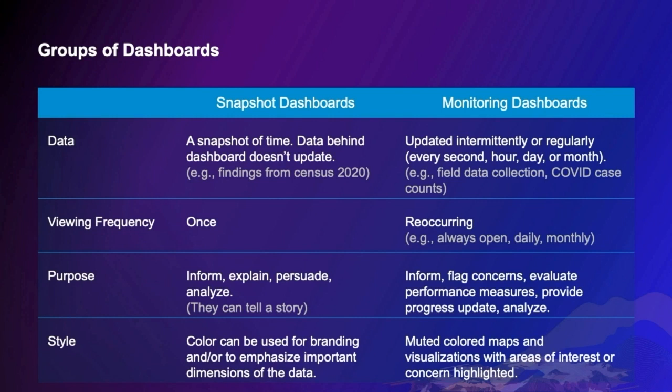They're often viewed once or maybe a few times. The purpose is to inform, explain, persuade, or enable the viewer to analyze the data. They can, and often do, tell a story. And color can be used in many different creative ways.